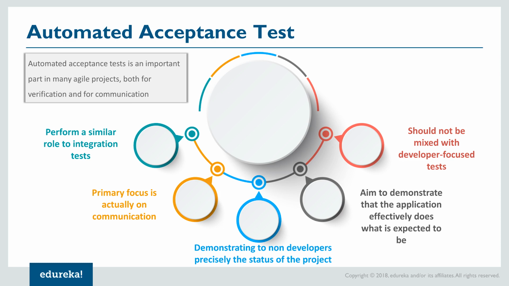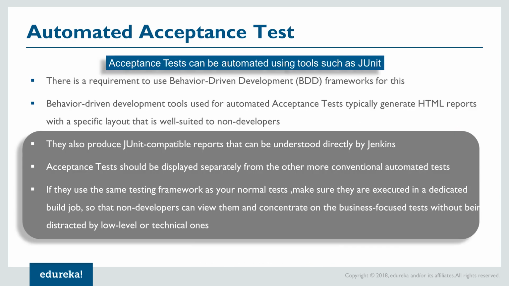The main aim is to demonstrate that the application effectively does what it is expected to do, what you have written it for. Of course, it should not be mixed with the developer-focused tests. All the other tests should be completed first, and then you go ahead with the acceptance test. So that was about the acceptance test.